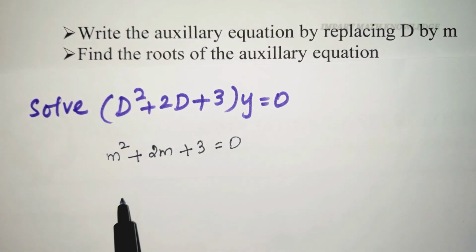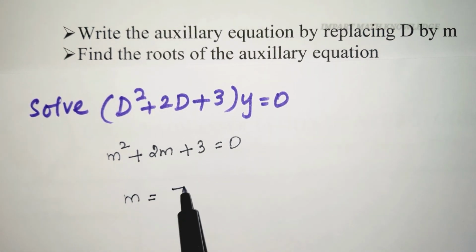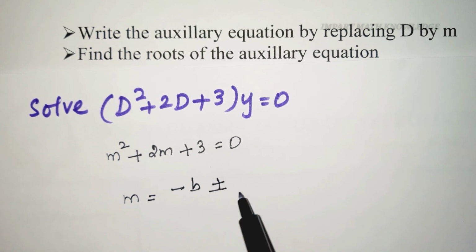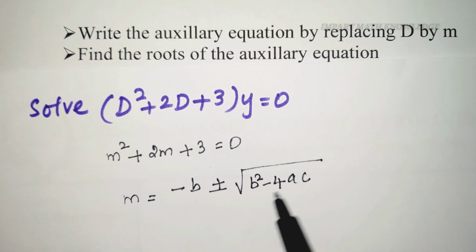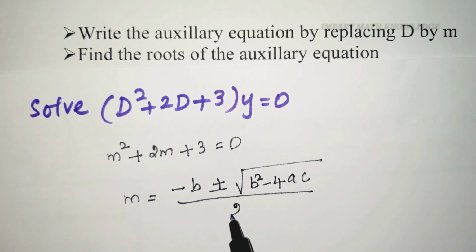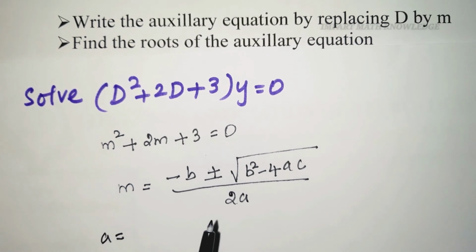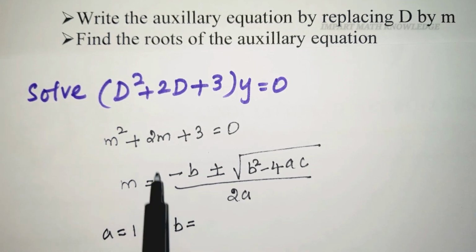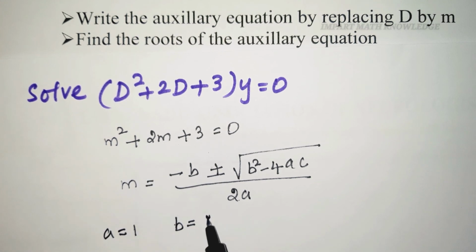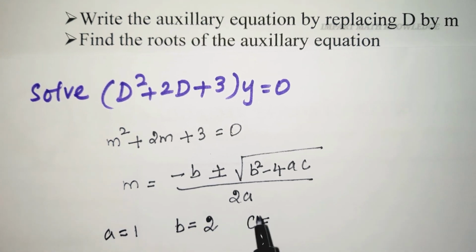The formula is m equals (minus b plus or minus root of b² minus 4ac) by 2a. Here a value is the coefficient of m², that is 1. b value is the coefficient of m, that is 2. c is the constant term, 3.